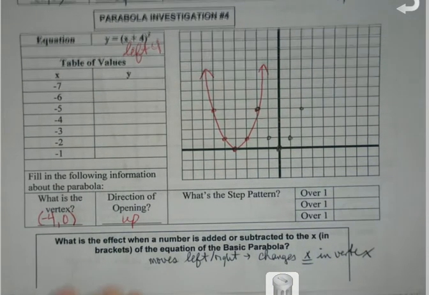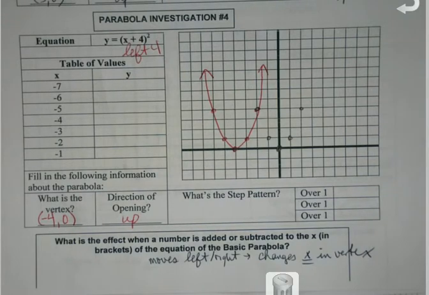Because again, on our basic graph, it's always at 0 for all these things. But now that we start doing these shifts, my x and my y values can start moving. And sometimes they can even move at the same time. Kind of a scary thought. But they can. So outside the parentheses, up, down, changes y. Inside the parentheses, left, right, changes my x value.